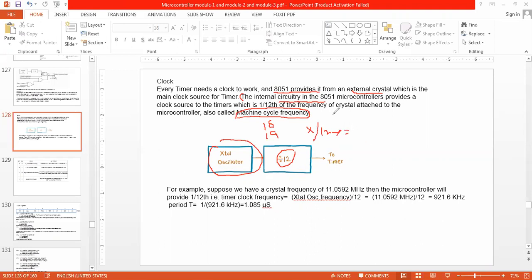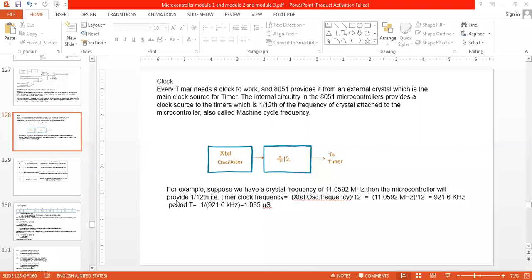Okay, so let us calculate how much we will get here. Suppose a crystal frequency of 11.0592 megahertz is connected to the microcontroller.